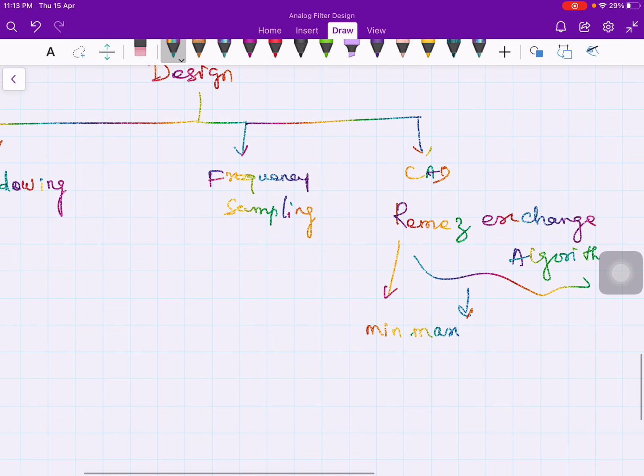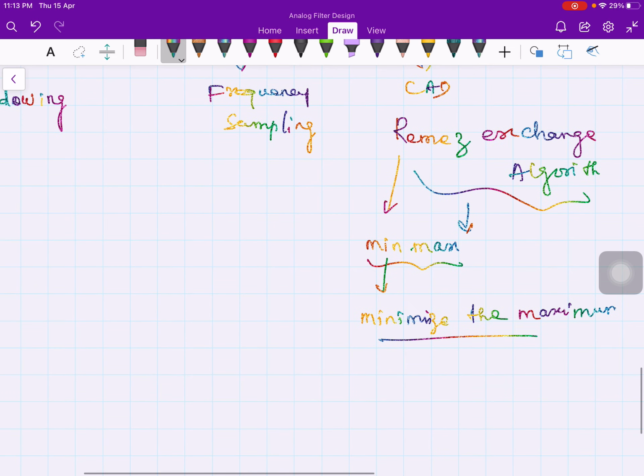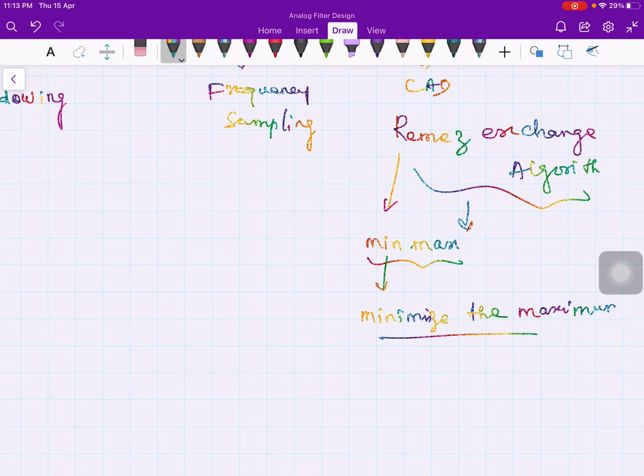What does min-max mean? It means minimize the maximum error. The ultimate goal is to minimize the error, that's all. That is why this is called the min-max method. Standard programs are available, but they are very costly, and this method is a costly one.